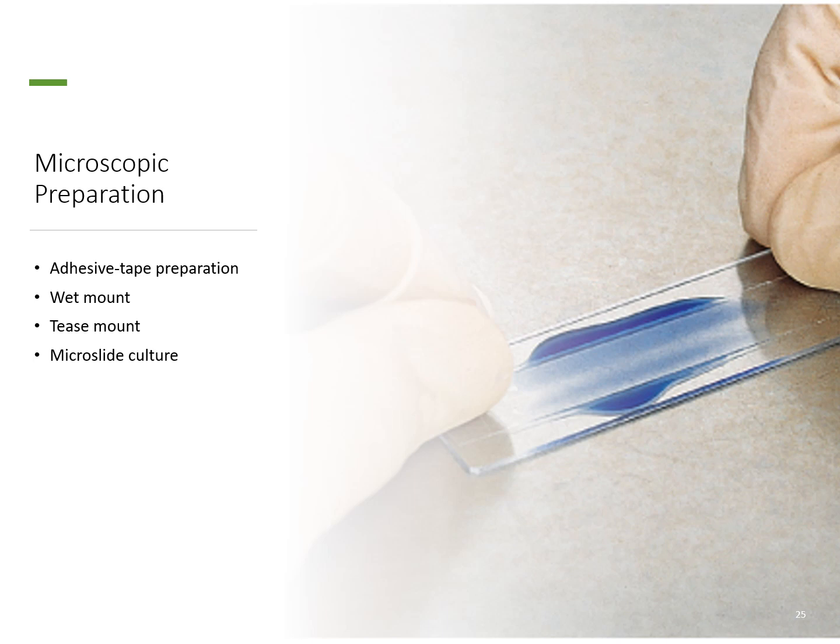You can also do tease methods, or you could do a wet mount or a microslide culture, but a lot of it's just going to depend on where you're at and what their resources are and how much fungal culture they actually perform.